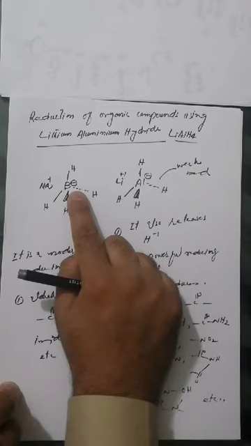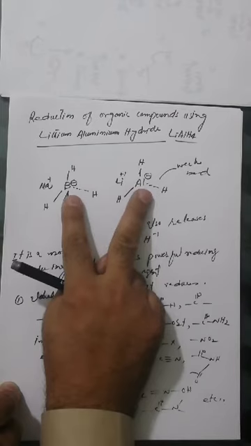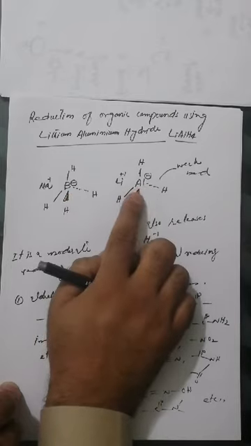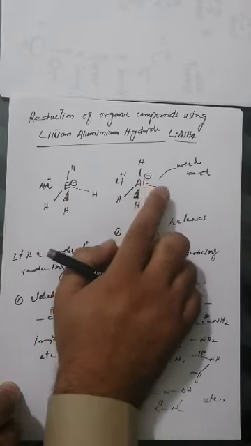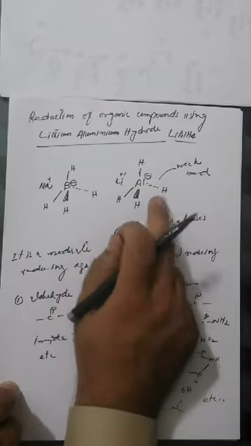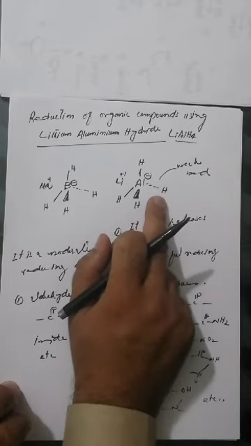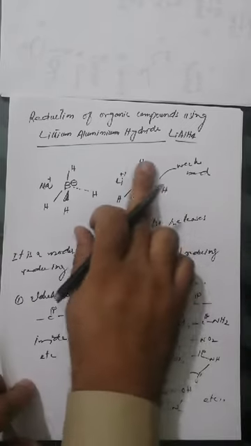Although both of them have empty pockets where they could accommodate a pair of electrons, since aluminum is electropositive, it normally does not accommodate the pair of electrons in its empty 2pz orbitals. So that's why it releases the hydride ion more easily, so it becomes a good reducing agent.